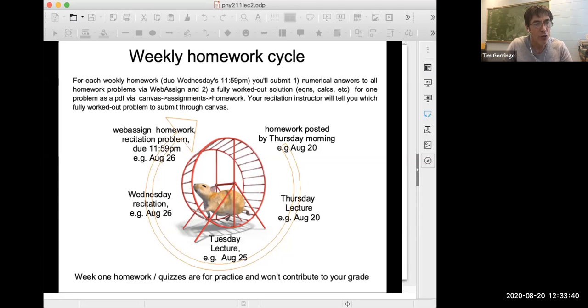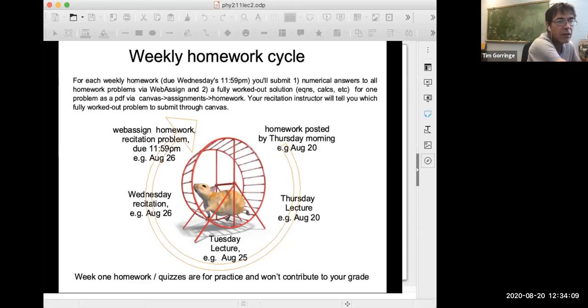So the WebAssign grades, as I've got it set up now, are not automatically transferred to Canvas. But I'm going to talk to our Canvas Cengage rep about whether I can change that so that they're automatically transferred to Canvas. That way you would then be able to check that we've got your solutions.